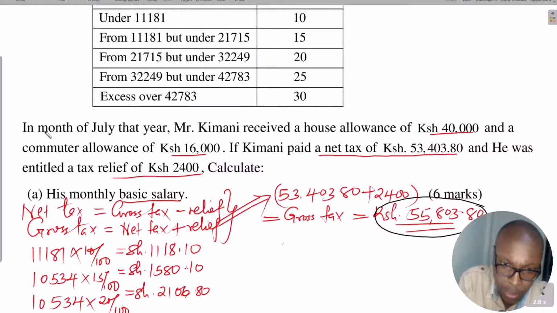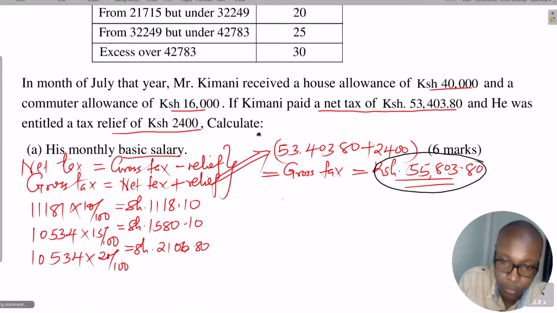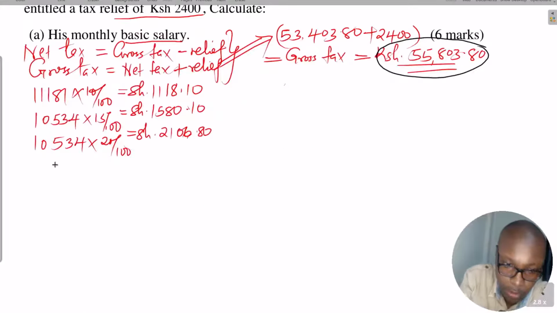So the next band is from 32,249 to 42,783. That means we take 42,783 and subtract 32,249. Still uniform, we get 10,534.